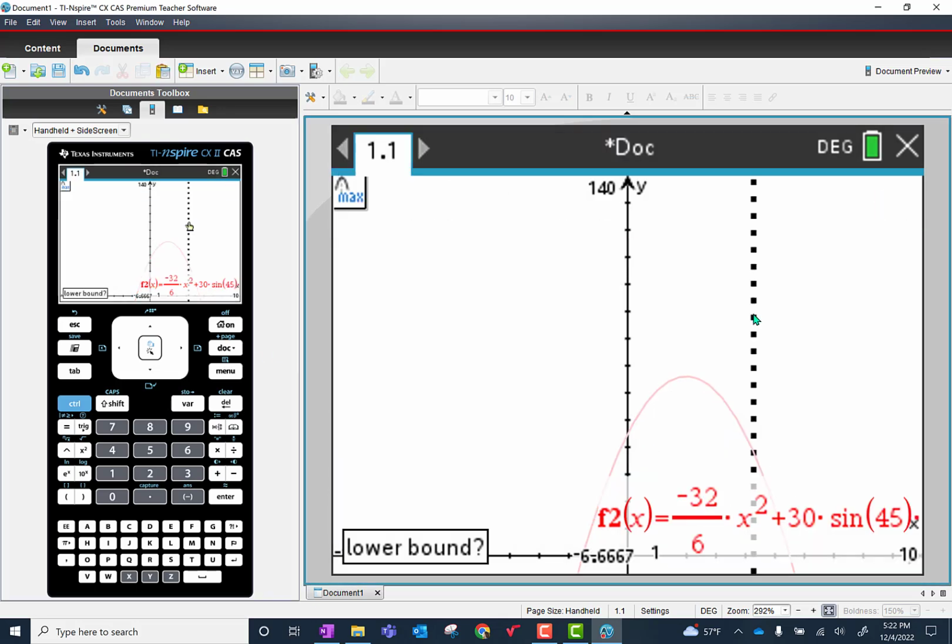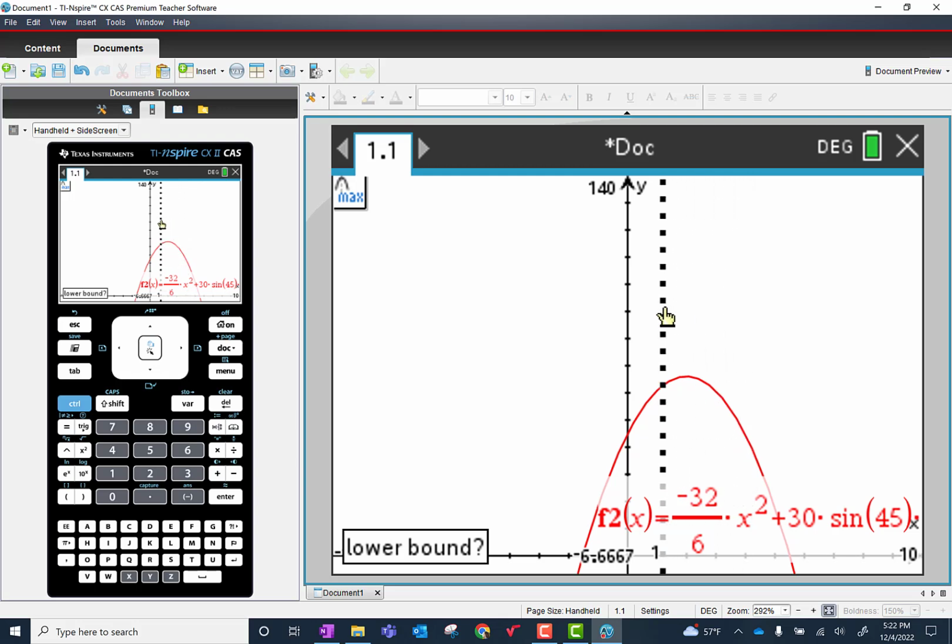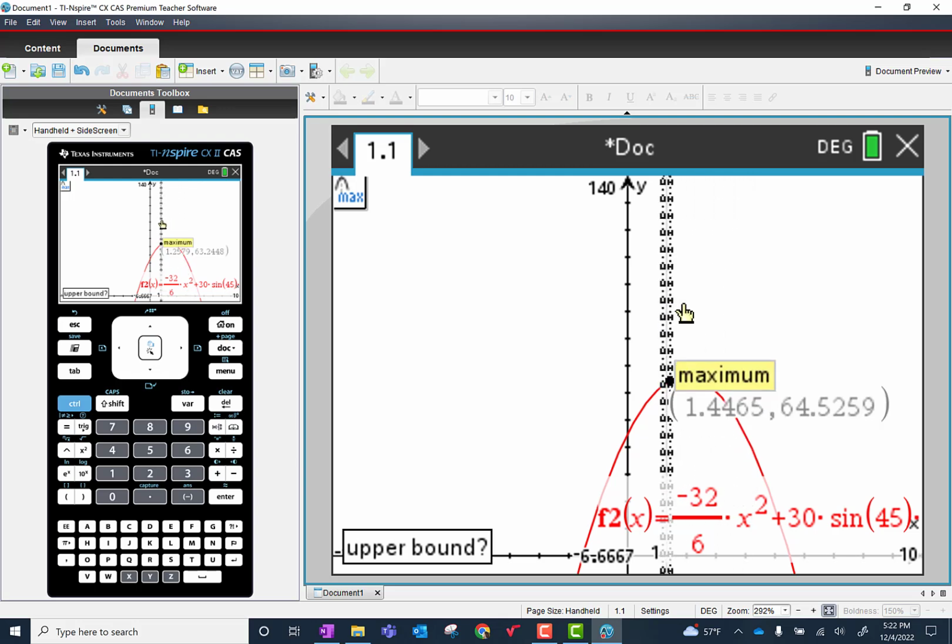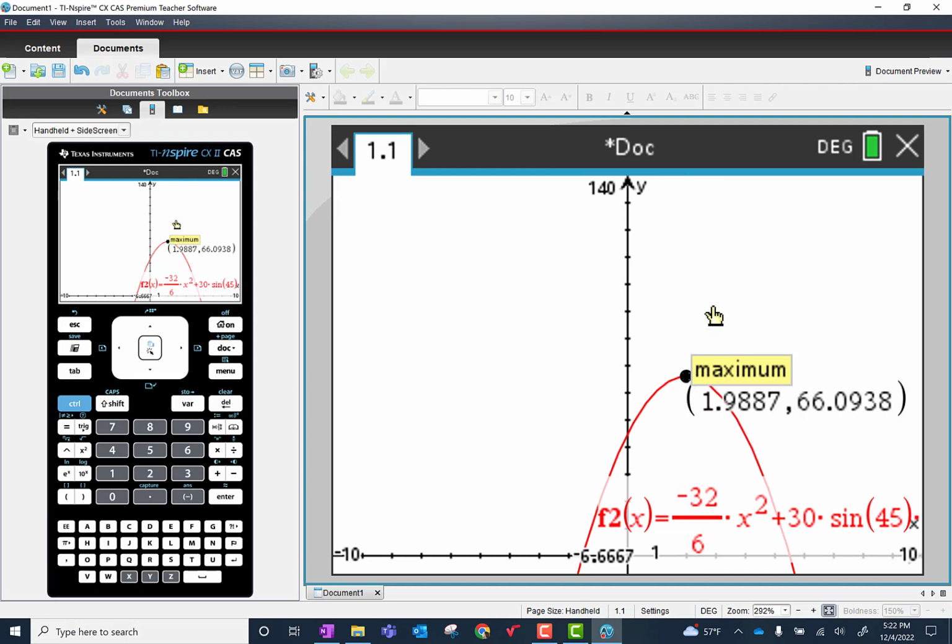We want our maximum. Okay, so we go to the left, that's our lower bound. We go to the right, that's our upper bound. And this is the t-value. Okay, this is the t-value. I want to use that in several instances. So I'm going to click on it and I'm going to store this value.